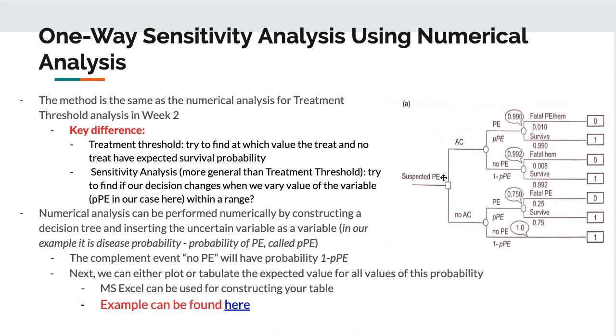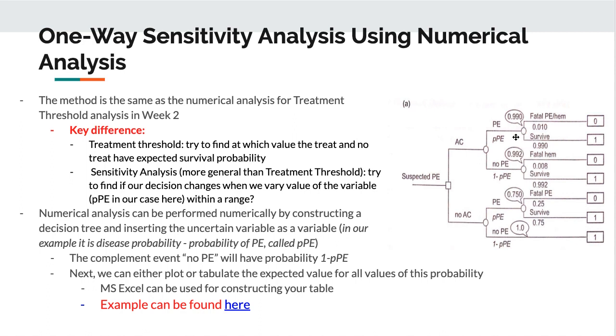So by looking at the tree right here, you can see that the value of PPE is uncertain. The value of fatal PE and ham is also uncertain. The value of fatal PE is also uncertain, and the value of fatal ham is also uncertain. So technically, by looking at this, we can see four of them: 1, 2, 3, 4.